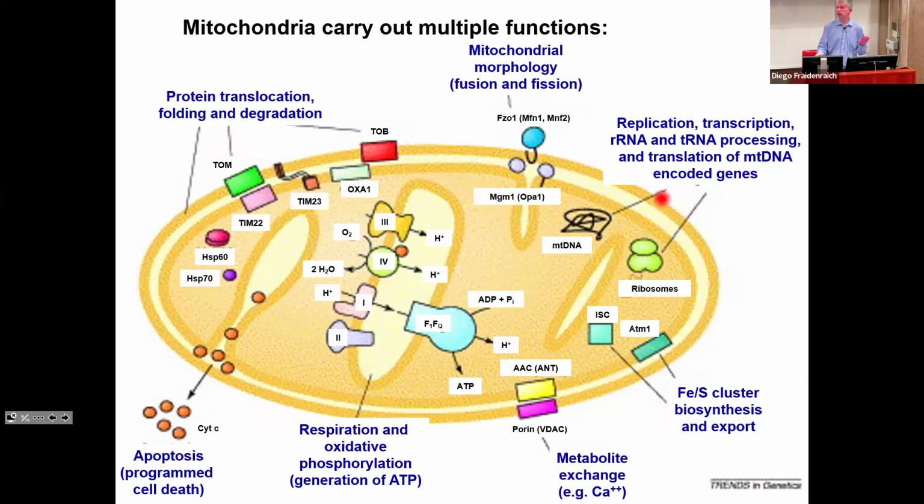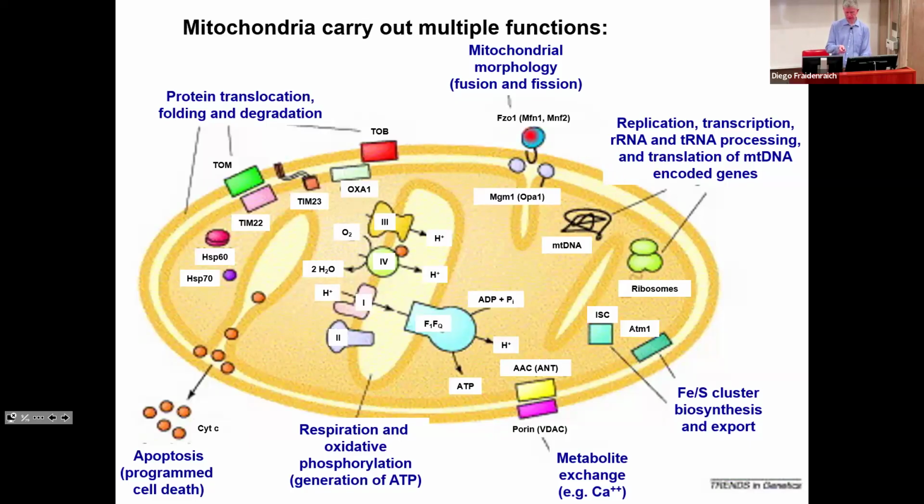So they have their own DNA, they have their own tRNAs, ribosomes. So a small portion of the proteins can be synthesized directly within the matrix. I will come back to this topic.